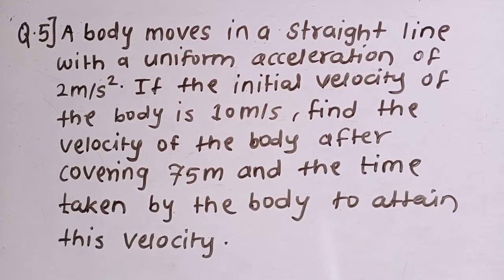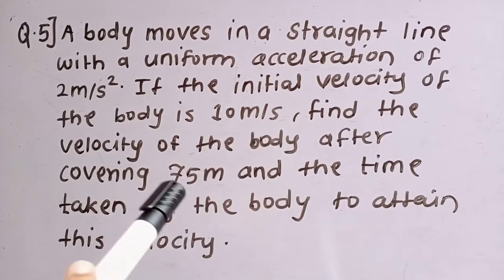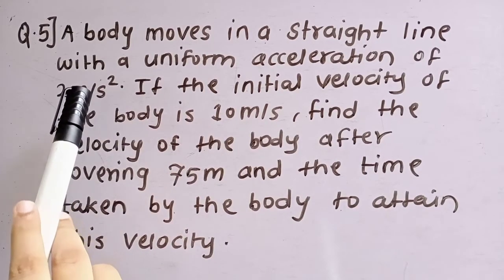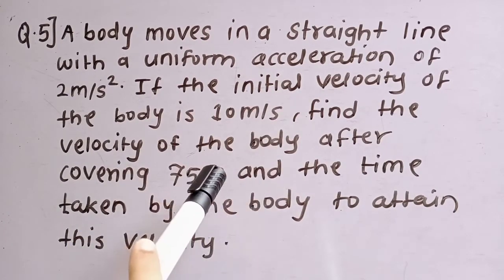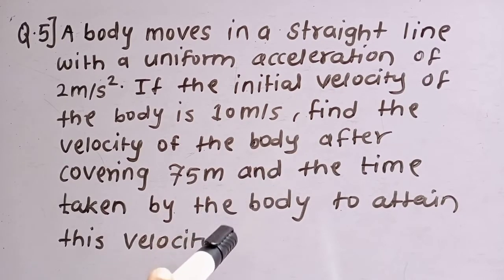Okay, so how to find now? If you read this, you have acceleration a, then you have initial velocity u, and s, that is displacement 75 meter. So by using this data you have to calculate v and t.